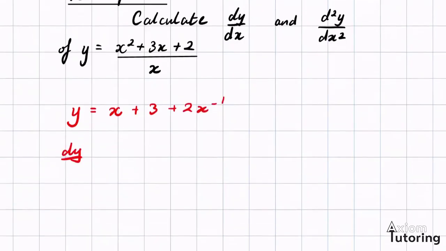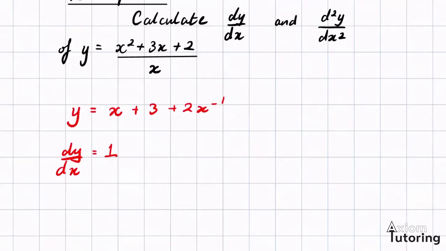So first we want to calculate dy over dx. So we apply our rules for differentiating powers of x. If we differentiate x, we just get 1. If we differentiate 3, that's just a constant, so we get nothing. And then if we want to differentiate 2x to the minus 1, remember we bring down the power and multiply it by the coefficient, and then we take away 1 from the index.